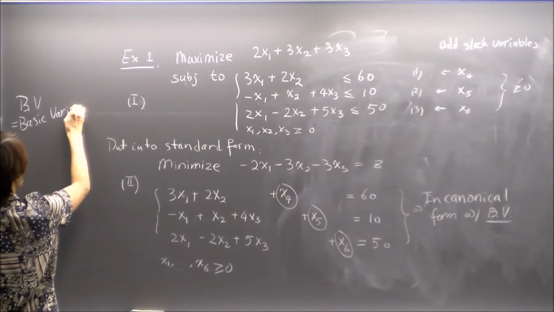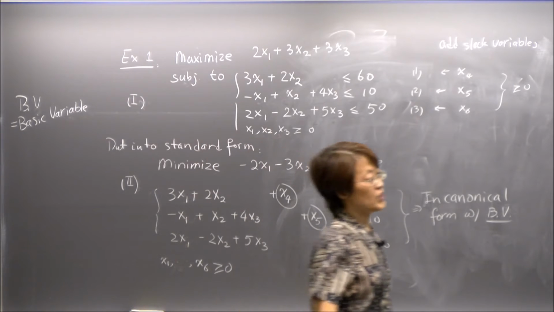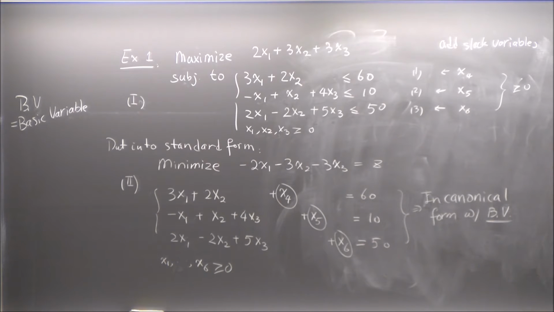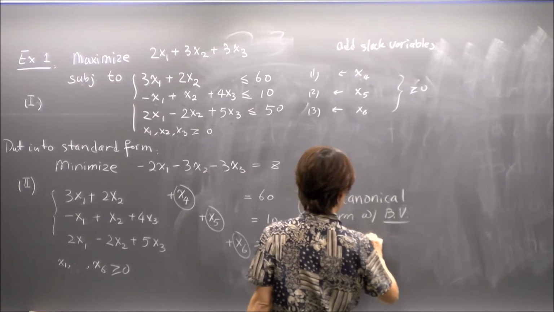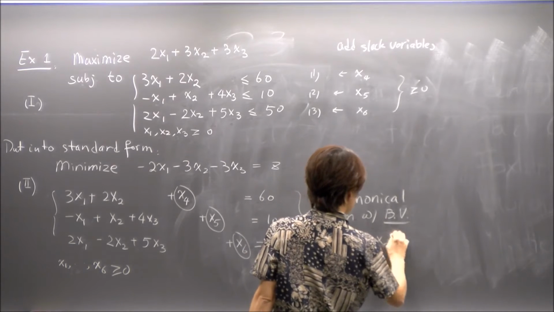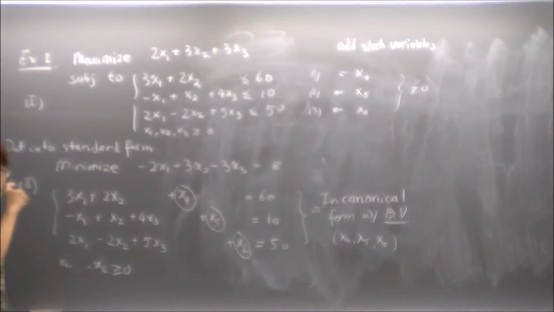I know it's not a standard one to write. Then I'll be in trouble when I want to say basic solution, then it will be BS. Okay, let's say BV, basic variable, just for fun. So what will be the basic variables? x4, x5, x6. Is that right? So the constraints are in canonical form.